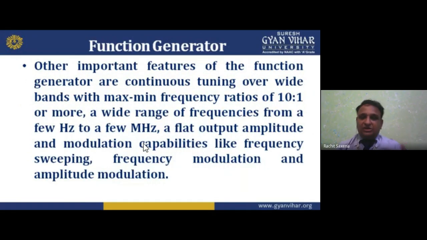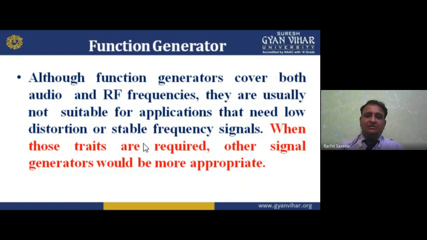Another important feature is continuous tuning, with a maximum ratio of 10:1 or more, so a few hertz to a few megahertz. We have modulation capabilities like frequency sweeping, frequency modulation, and amplitude modulation, and it covers RF and AF, audio frequency and radio frequency, but it is not suitable where you need low distortion or stable frequencies. In that case we have to use signal generators.